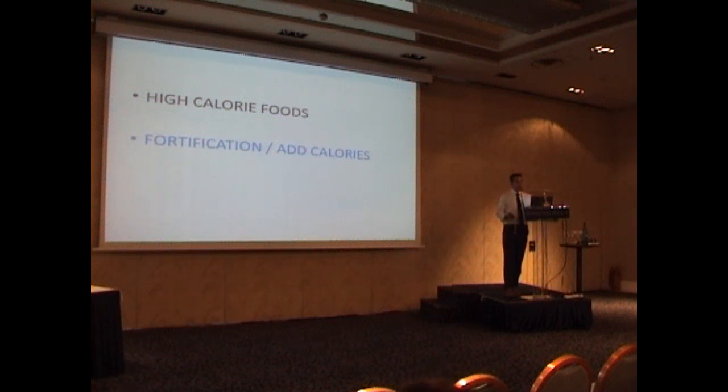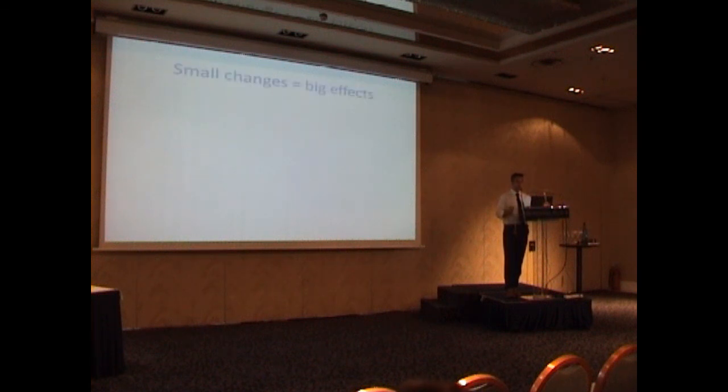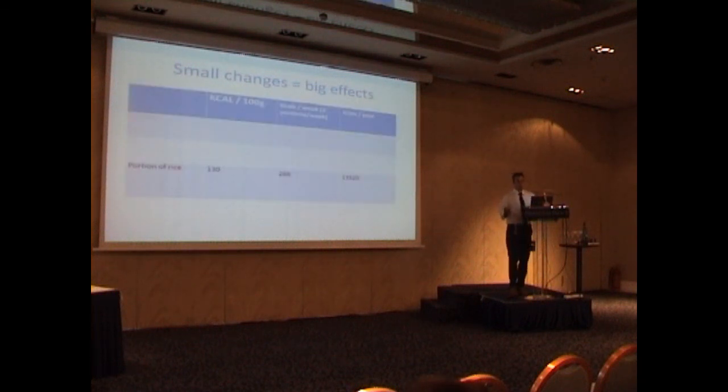We also need to fortify their diet. And again, this is another example where small changes have a big impact. So for example, if you take a child and they have a portion of rice twice a week, over the course of a year, that equates to 13,000 calories.